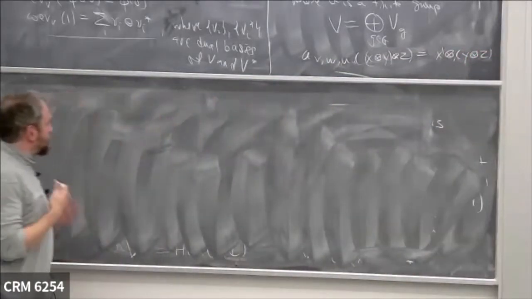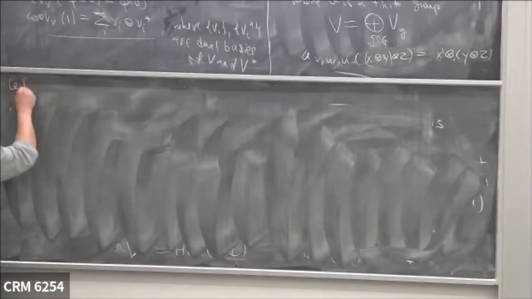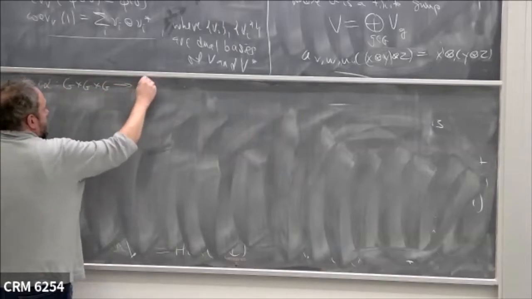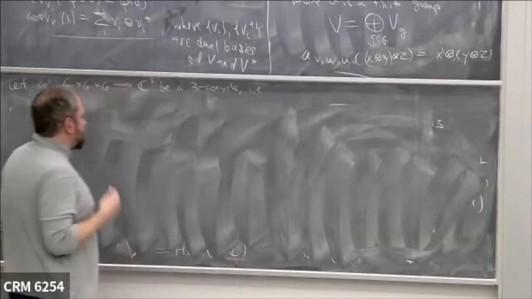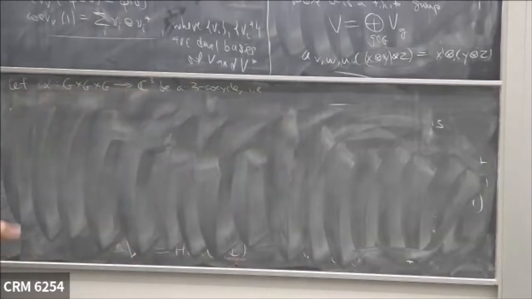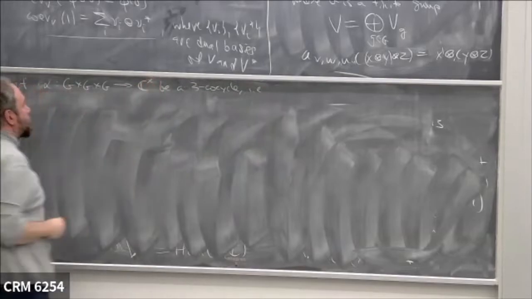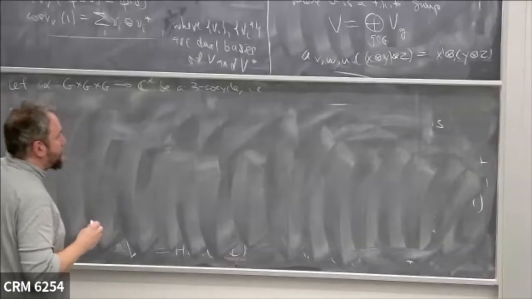But it doesn't have to be this way. Namely, let alpha be a function on the cube of G, which is a 3-cocycle. So that's a function that satisfies the following conditions.